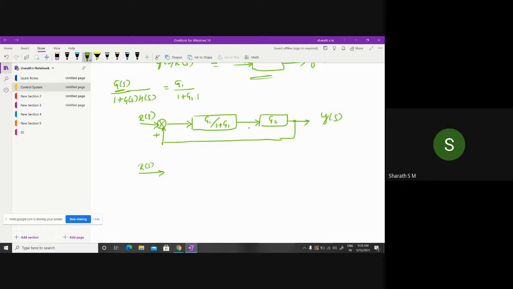Multiplication. Just perform the multiplication of these two blocks: G1 divided by 1 plus G1, into G2.